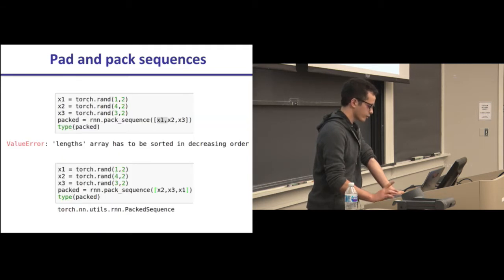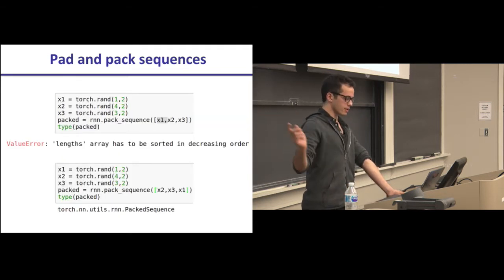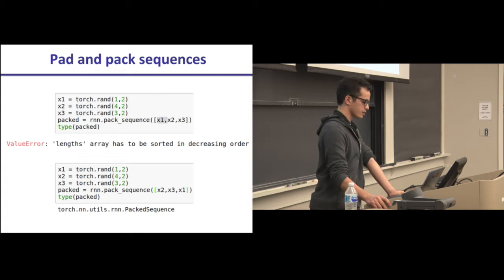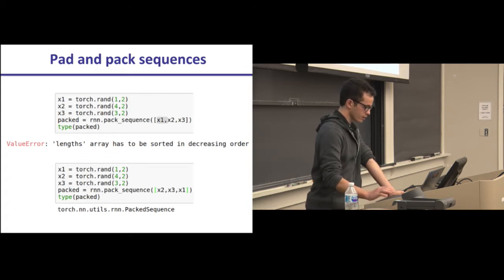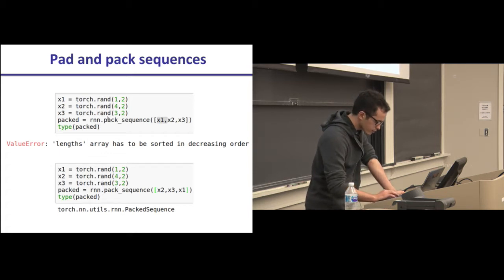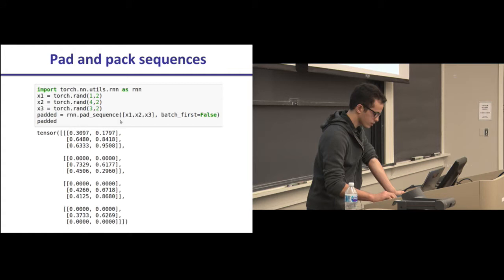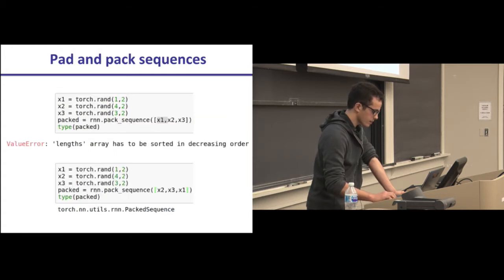Packed sequences are a little more tricky, just because, like I said, you need to give it the sequences sorted by length in decreasing order for it to work. So you use the pack_sequence method. All of these are in torch.nn.utils.rnn.